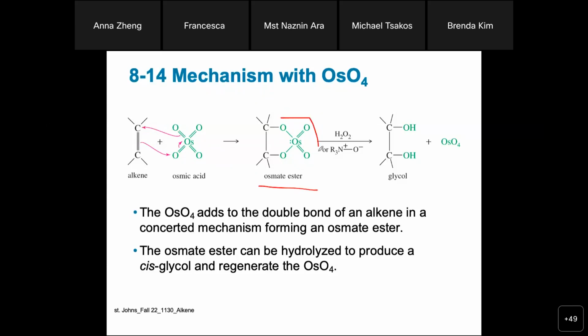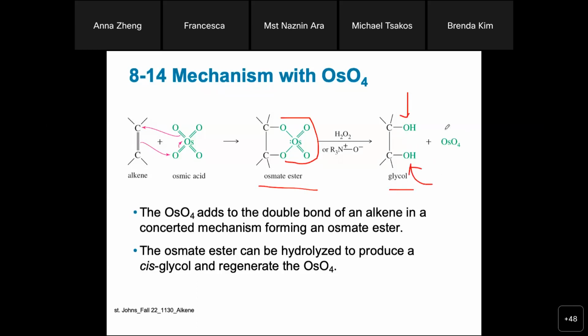This portion is why we call it the osmate ester, and eventually this osmate ester hydrolyzes, and the glycol with OH and OH on these two carbons is finally formed.